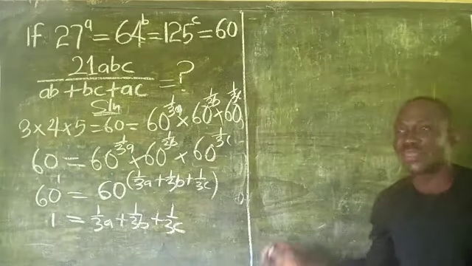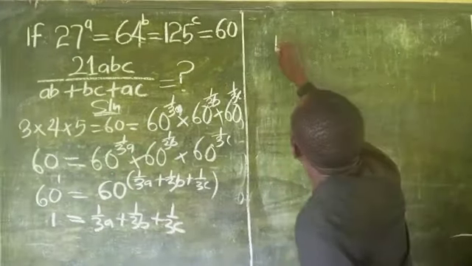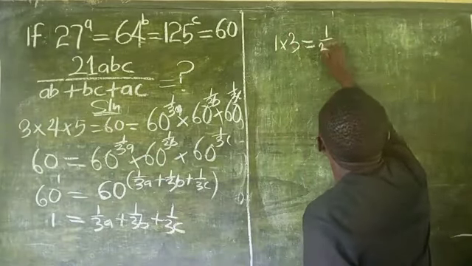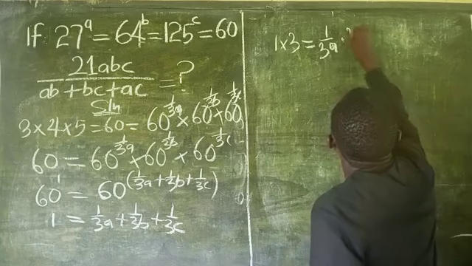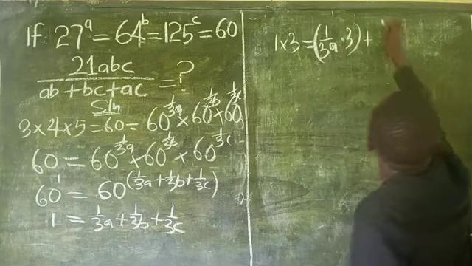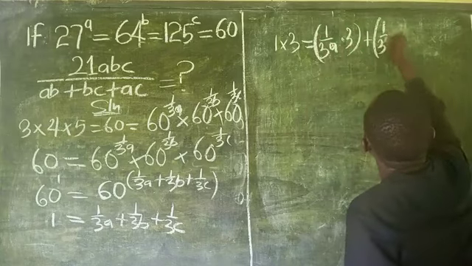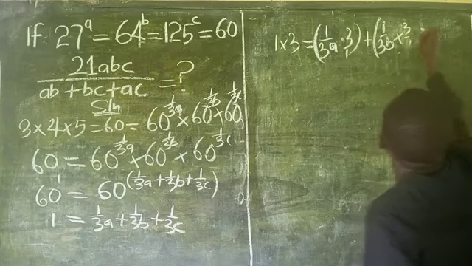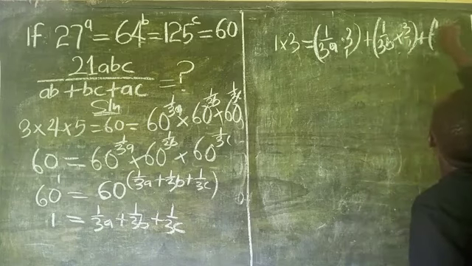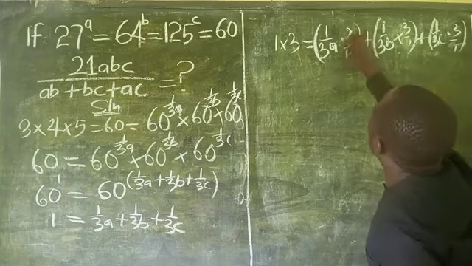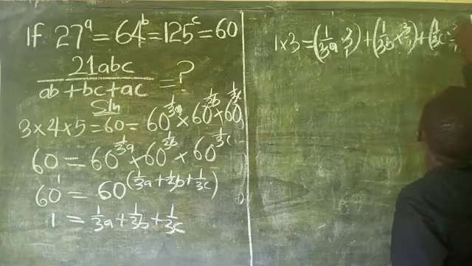Multiply through by 3, it becomes 1 times 3 equal to 1 over 3a times 3 plus 1 over 3b times 3 over 1, of course over 1, plus 1 over 3c times 3 over 1. And this 3 will kill off the 3.